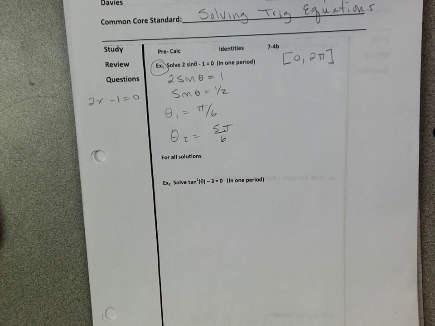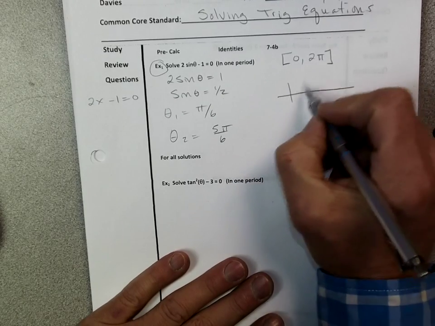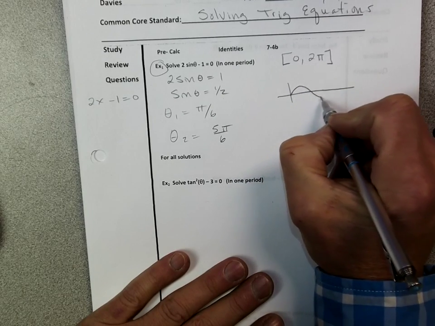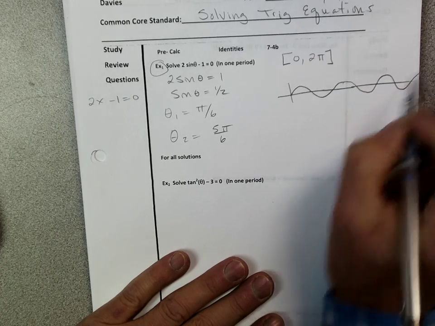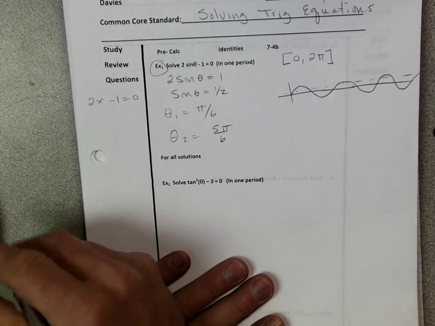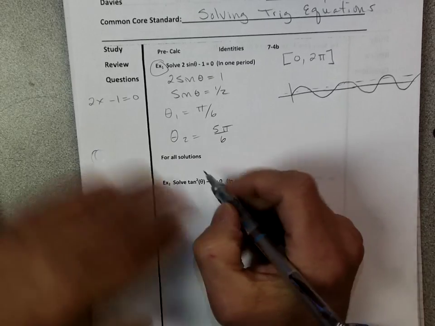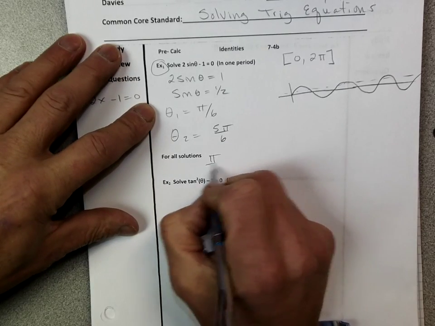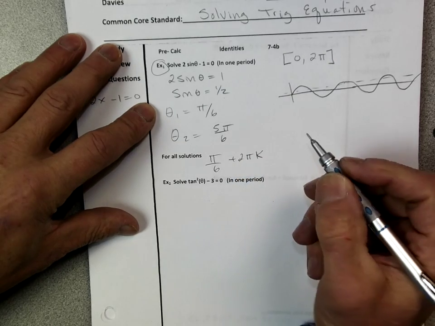Easy. Now it says for all solutions. If we let this go on forever, because the graph of a sine curve looks something like this, but it keeps going and going, there are lots of places where it could have answers. So it can have an infinite number of answers. What we're going to do is say one answer is pi/6 plus 2 pi k. Remember the k?